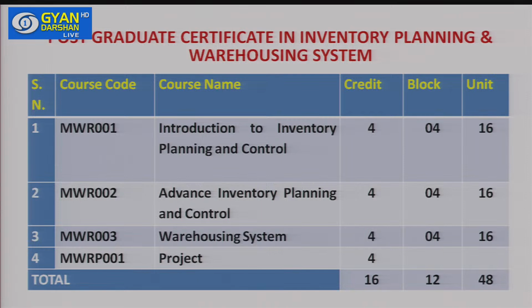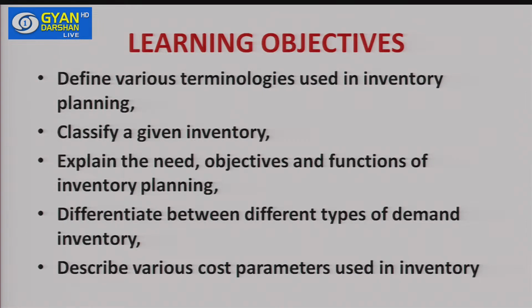All the courses are 4 credit courses, so the total number of credits is 16. Each theory course has 4 blocks, so in total you have to study about 12 blocks or 48 units. This program is very nicely designed, and here we are giving you some learning objectives.